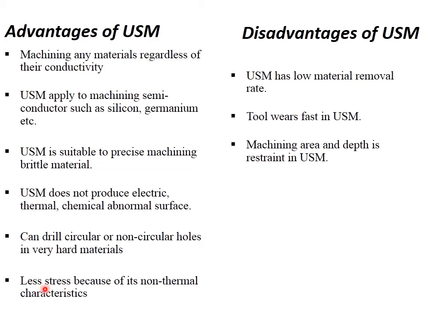And obviously there is less heat generation and less stress generated during ultrasonic machining. So the component machined by ultrasonic machining is free from any metallurgical changes. So these are the advantages, right?